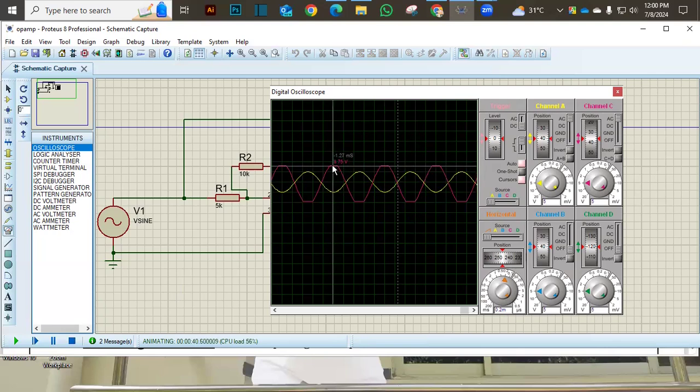This is called an inverting output, and also this is an amplifier because if we see the peak voltage of input, which is approximately 5 volts, written in yellow color, and at the same time our output voltage at terminal 6 is 9 volts, which is larger than the input voltage. Okay, this is an inverting amplifier. This circuit amplifies our input and also creates an inverting output.